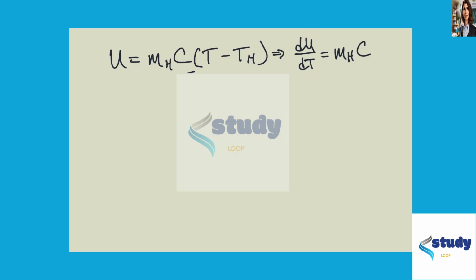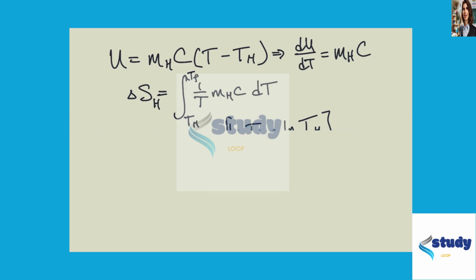Now we need to figure out what dU/dT is. For the hot water, we have U as a function of T, so we can take the derivative with respect to T, and we get dU/dT equals the mass of the hot water times the heat capacity. So that means the change in entropy of the hot water is the integral from the initial temperature to the final temperature of 1 over T times the mass of the hot water times the heat capacity.